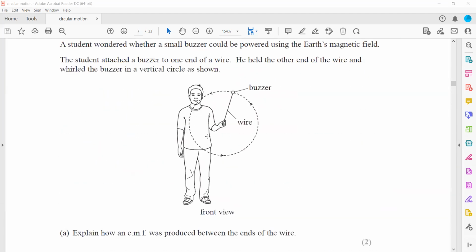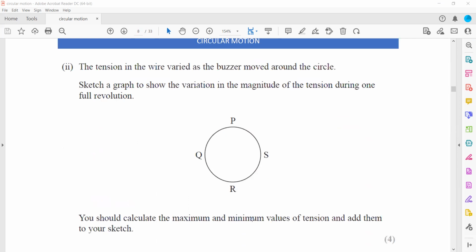The resultant force is the same at all positions, but the tension will be minimum at P as the weight is acting downward and contributing to the centripetal force. The value of the tension is changing.